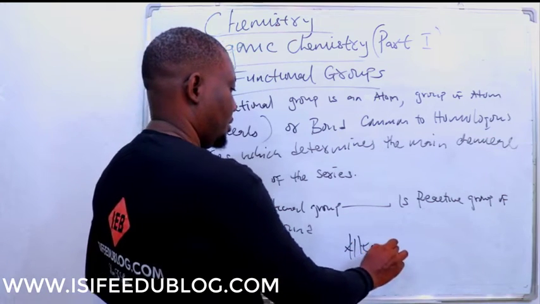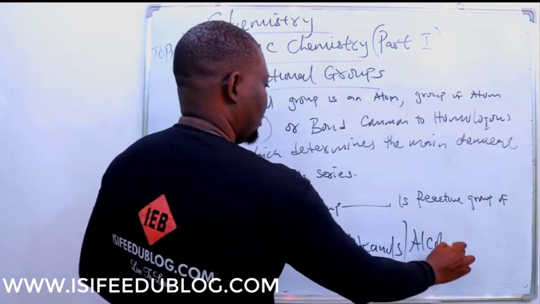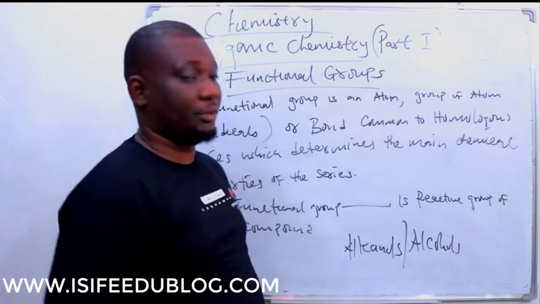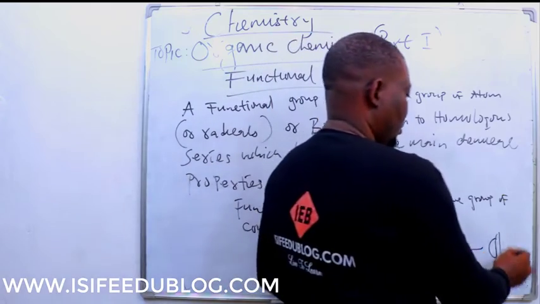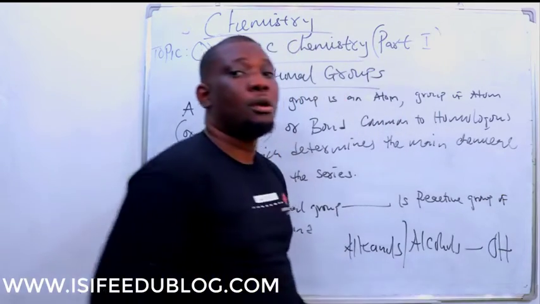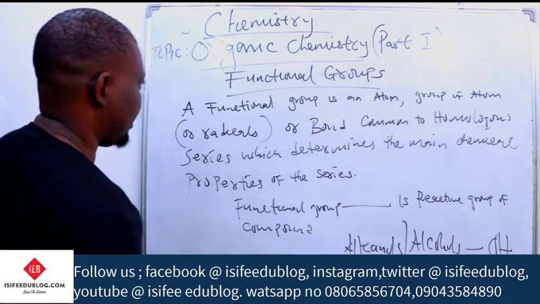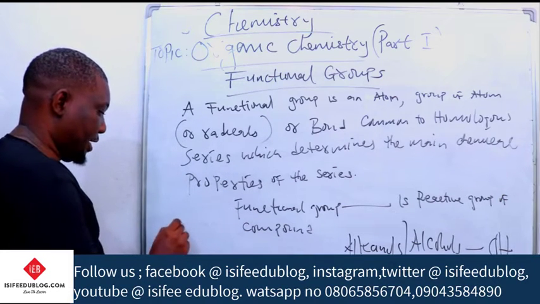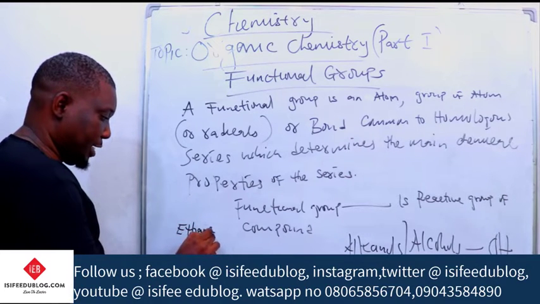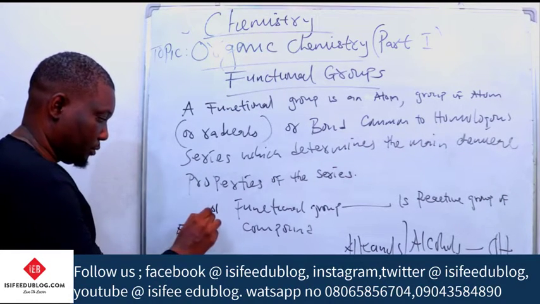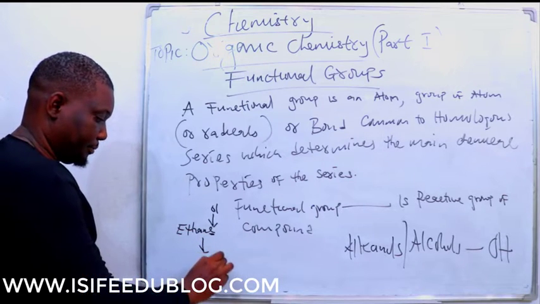basically alkanols, or alcohols, from which alkanals are derived. The functional group of alcohols is OH. Now look at this. I have ethane. I can change the E ending to OL, and then I have ethanol.